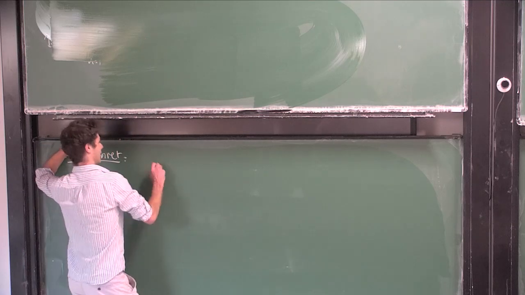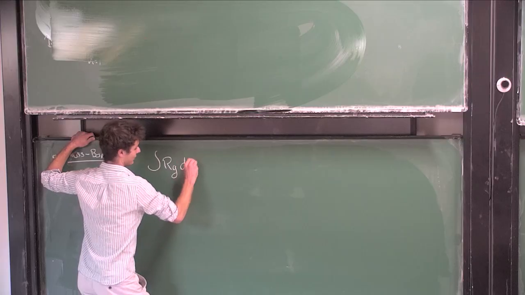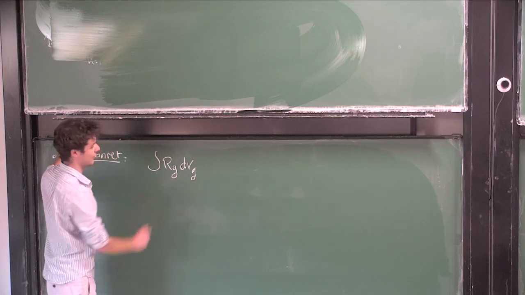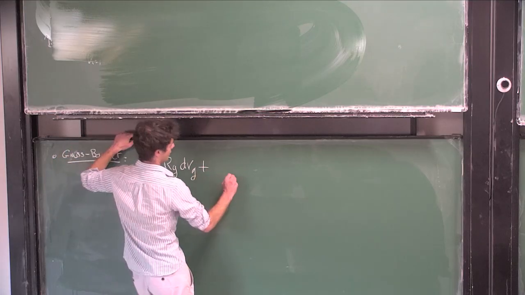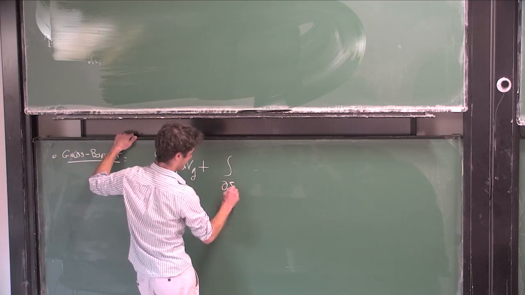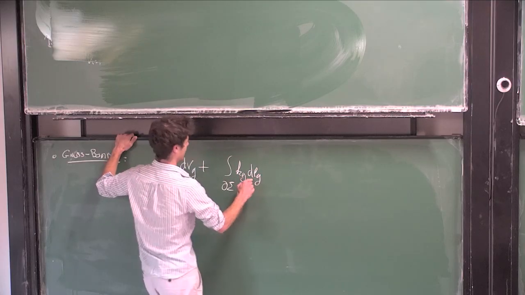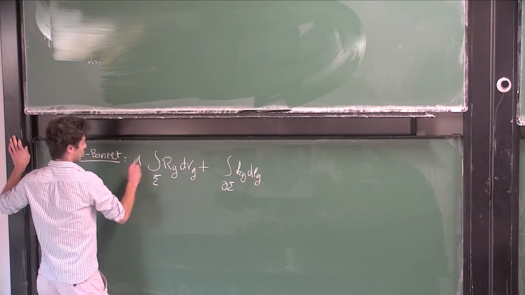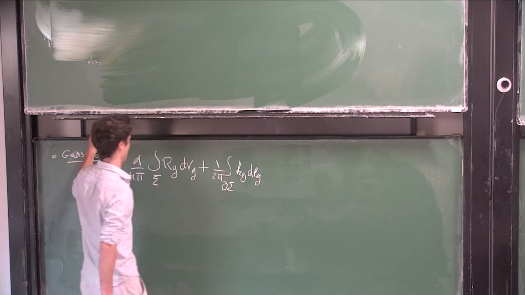I integrate the Ricci scalar curvature with respect to the volume form given by the metric g on Sigma. I integrate on the boundary of Sigma the geodesic curvature with respect to the line element. And I need to put some constant, 1 over 4 pi, 1 over 2 pi.